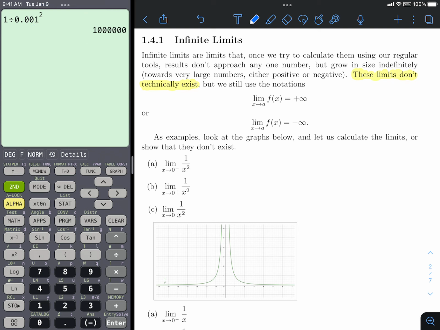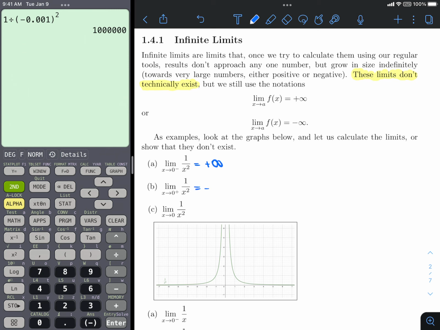So how do I fix that for negative values though? I have to use a negative sign and use my parentheses here. That doesn't change anything, because when I square my x, even when it's negative, the negative sign disappears. So that means this is plus infinity.